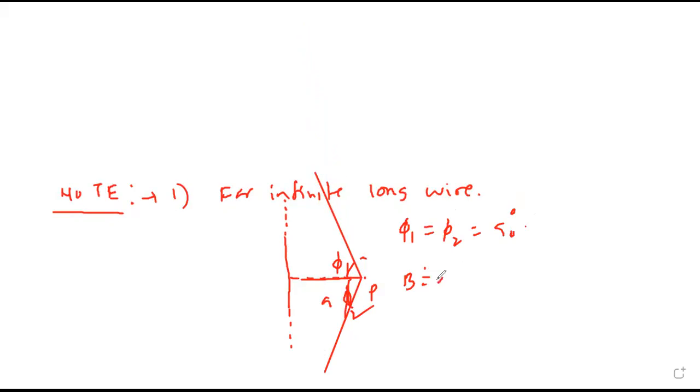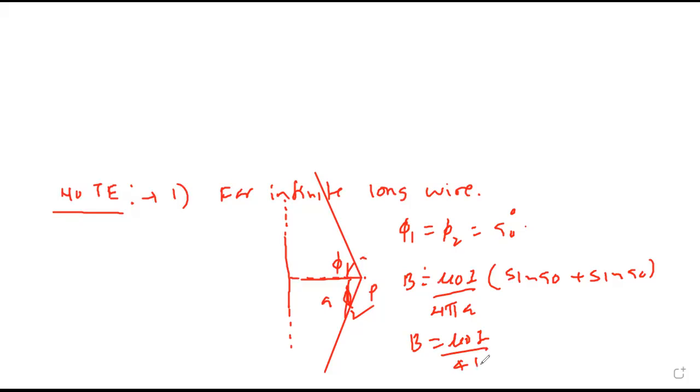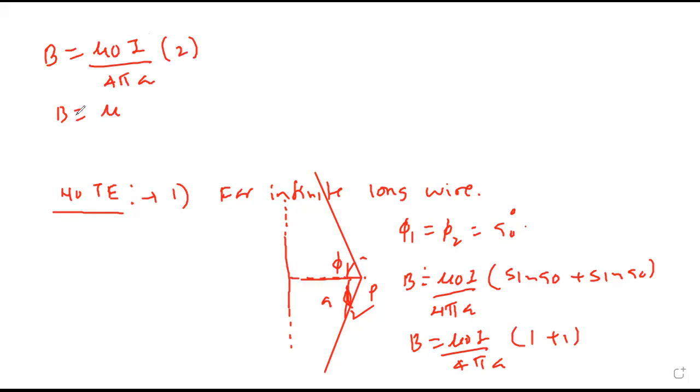So B, which is mu naught I upon 4 pi A into sine 90 plus sine 90. What is sine 90? It is 1. So 1 plus 1 will become 2. So I will get B as mu naught I upon 4 pi A into 2. This is mu naught I upon 2 pi A.